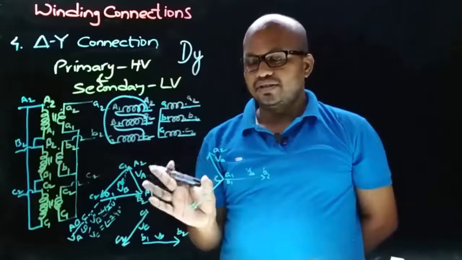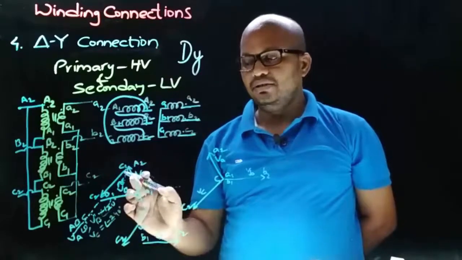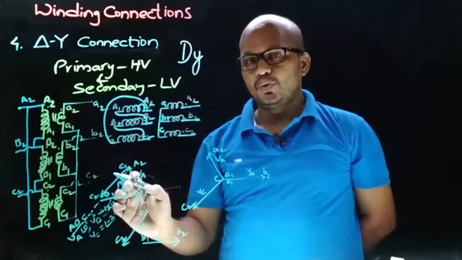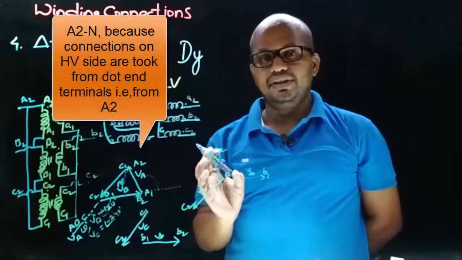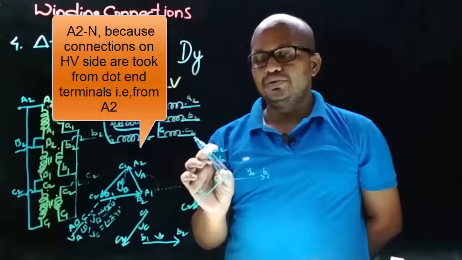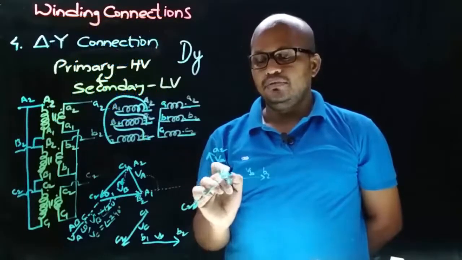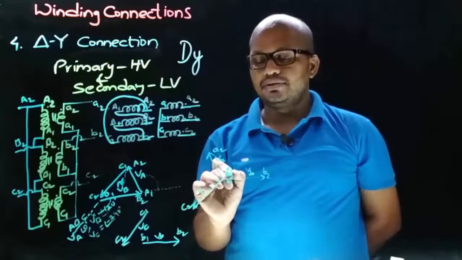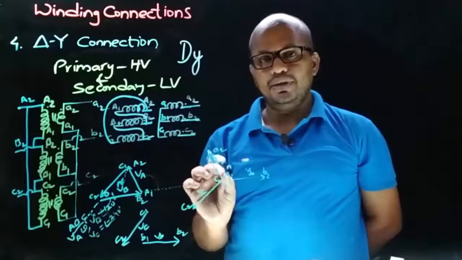So now come to the phasor diagram and observe that the HV winding phasor diagram is delta connected. So here the phase to neutral voltage is A to N, and from the LV winding phasor diagram the phase to neutral voltage we are taking is small a to n. Okay, we are considering the common N terminal as small n here. So phase to neutral voltage here is small a to n.